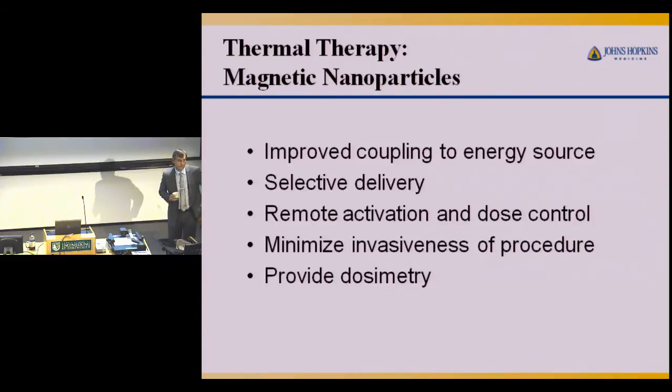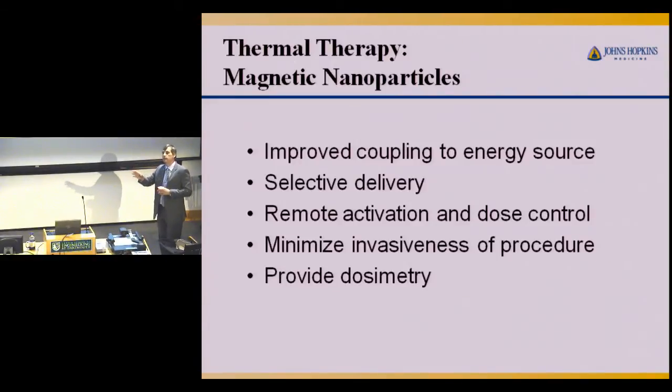The nice thing about this is that we do have remote activation. Okay, so the particles are passive. They don't do anything until they're actually exposed to an AC magnetic field with the right field conditions, right field properties. So that does give the clinician some amount of control of the delivery of the therapeutic agent following intratumor or intravenous, intravascular delivery of the nanoparticles.